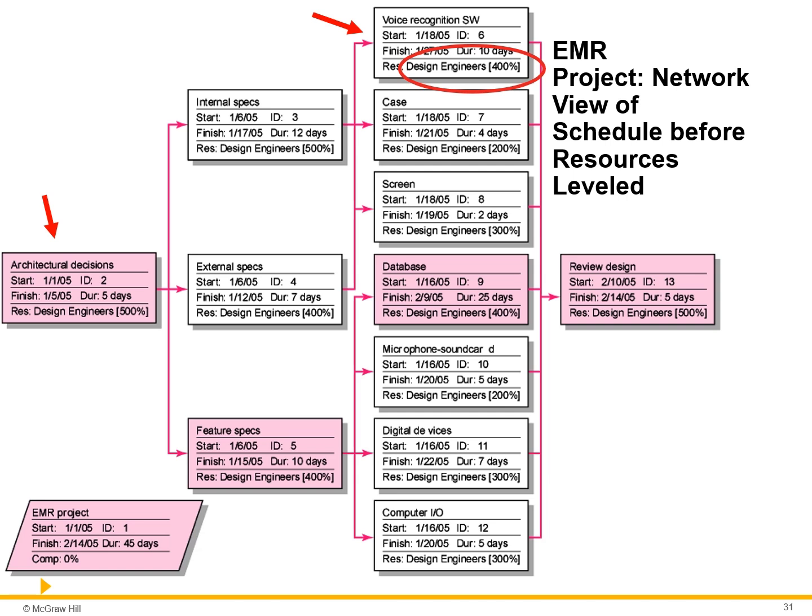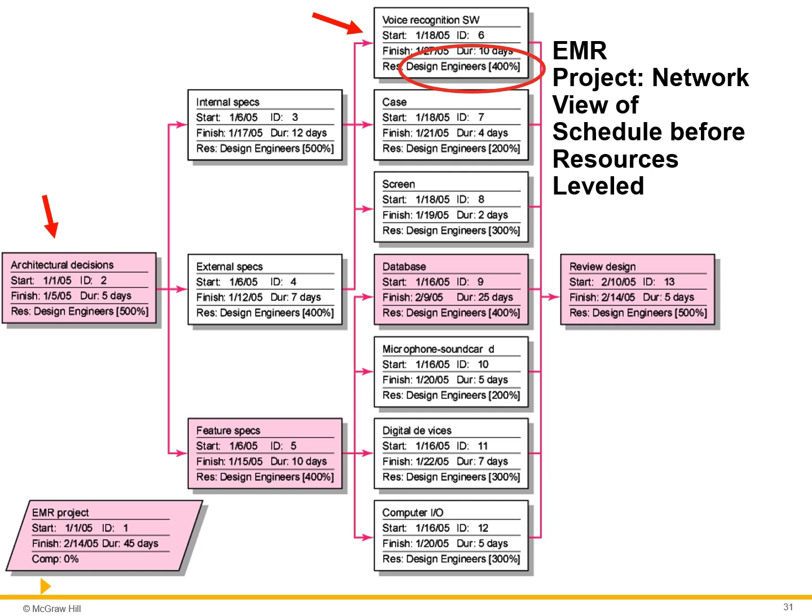This could have architectural decision or voice recognition (SW). The resource percentage indicates how much of a particular resource is allocated to a task. The resources are not yet leveled, meaning multiple tasks may be over-allocated with the same resources, which would cause a bottleneck in the real project timeline.